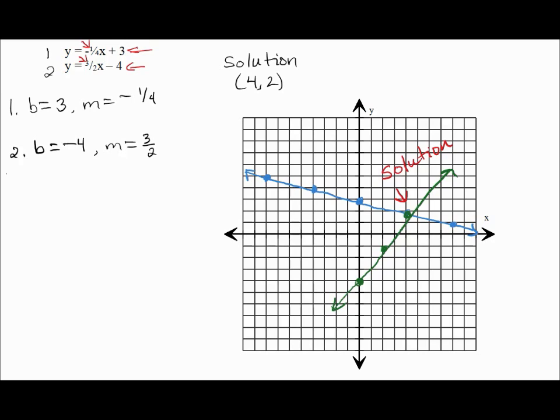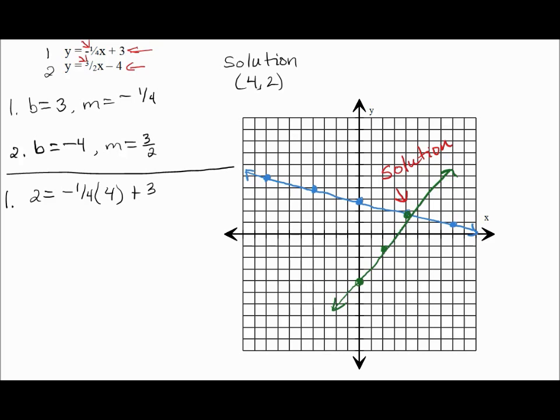Now, I'm not going to check each one of these for this example. However, I'm going to check this one. I have that the solution is (4, 2). Now I'm going to substitute that back into both equations. For my first one, when I make the substitution, it would become 2 equals negative 1/4 times 4 plus 3.